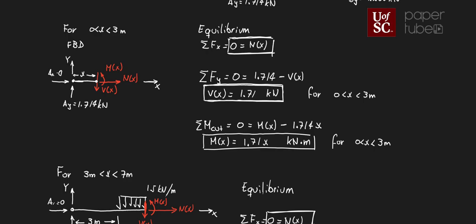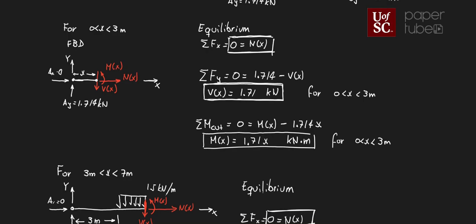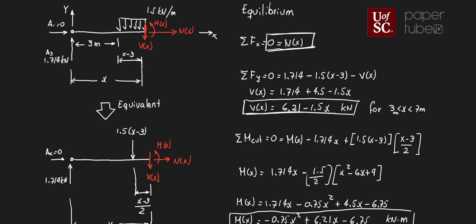And for the other one, we found that it is 6.21 minus 1.5x. One of the things that I'm observing already is that this equation is a straight line with a negative slope because it has a minus 1.5x. And so I can evaluate the value of that equation at 2 points, and that's going to give me my straight line.